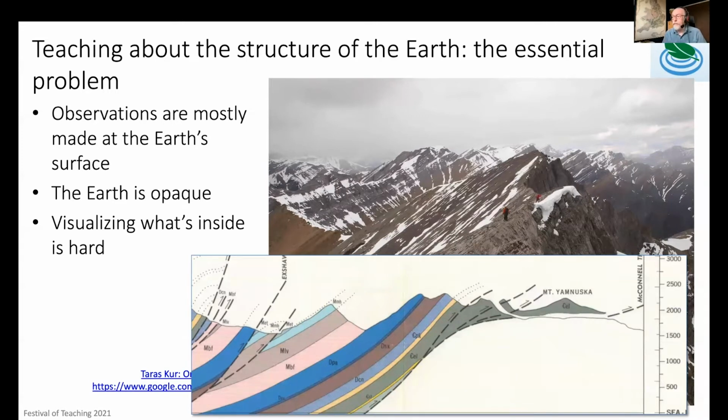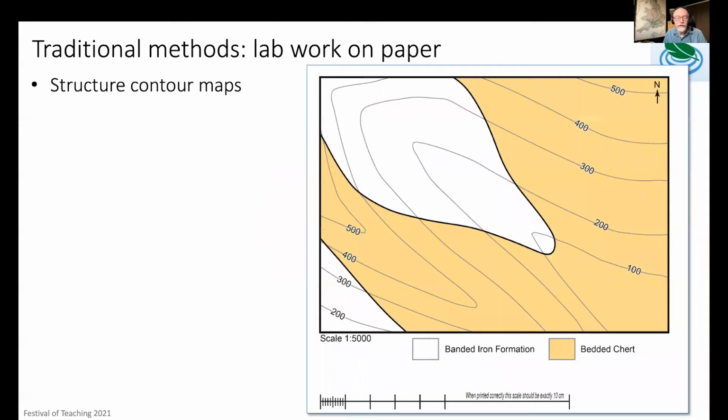Now, going from a map to the layout of the rocks within the Earth involves a number of steps. And a couple of techniques are commonly used in teaching geology. And both of them have a bit of a reputation amongst students of being abstruse and difficult.